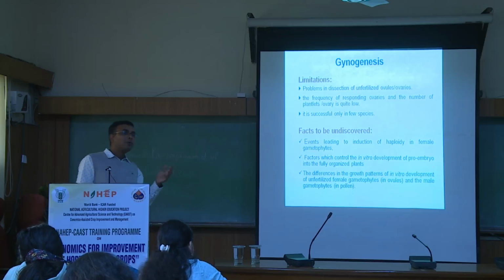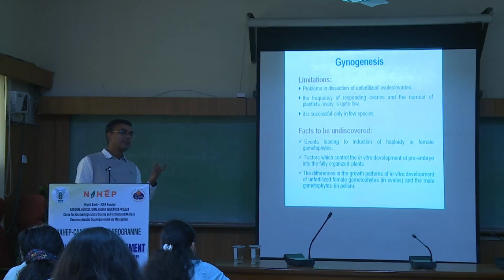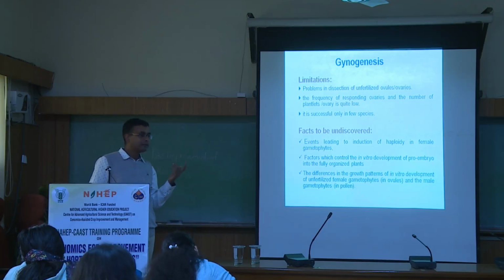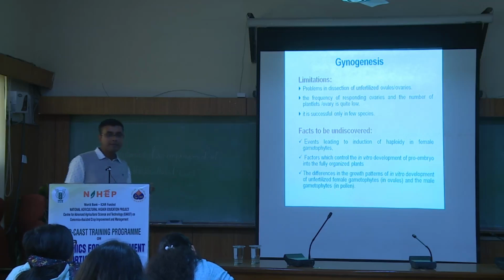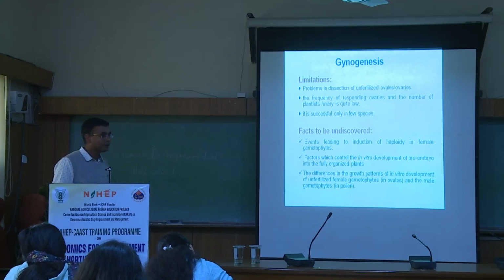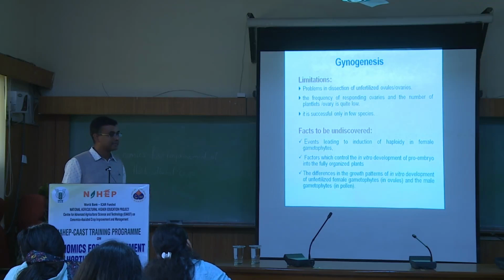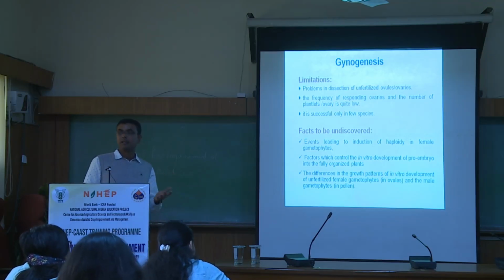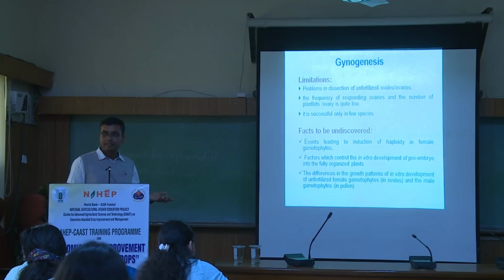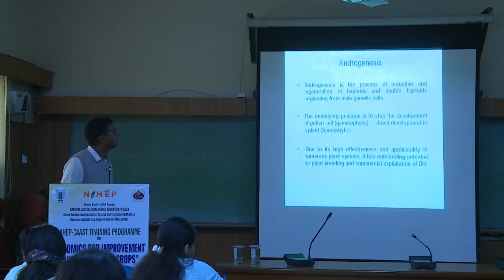So we need to know which technology would be suitable for which crop. It is not necessary that androgenesis could be done in onions, because no report is there till now. Although we are trying to do something, we don't know whether we will be successful or not. We may be successful, we may not be. So these are crop specific: what will respond through androgenesis, and what will respond through gynogenesis.